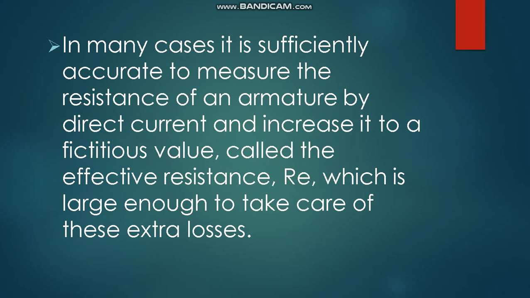In many cases, it is sufficiently accurate to measure the resistance of an armature by direct current and increase it to a fictitious value called the effective resistance, Re, which is large enough to take care of these extra losses.